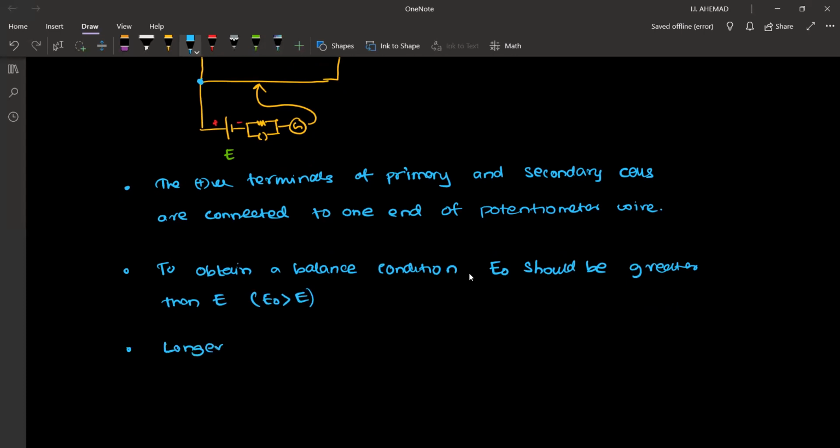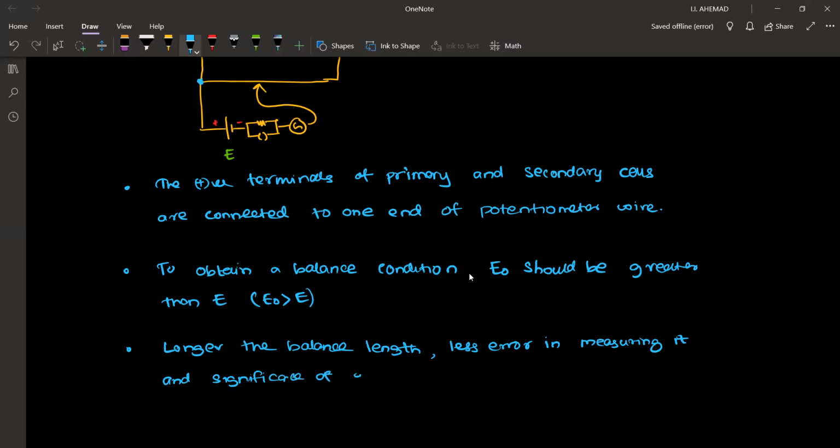The longer the balance length, the less error in measuring it, and the significance of end correction is less.